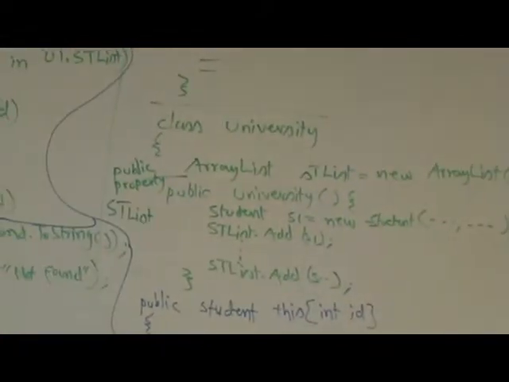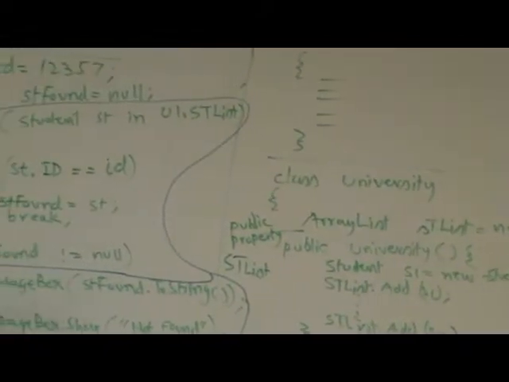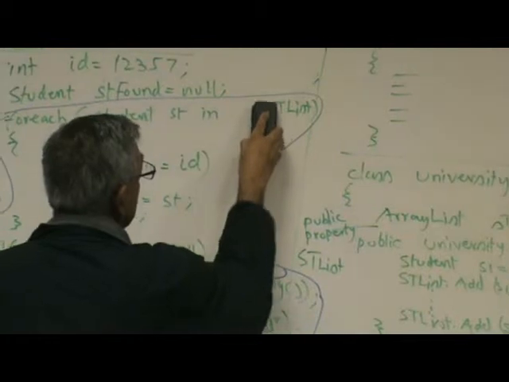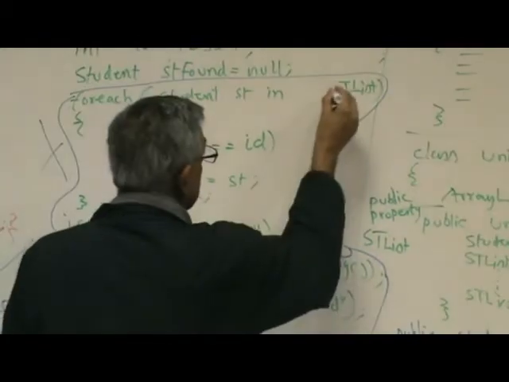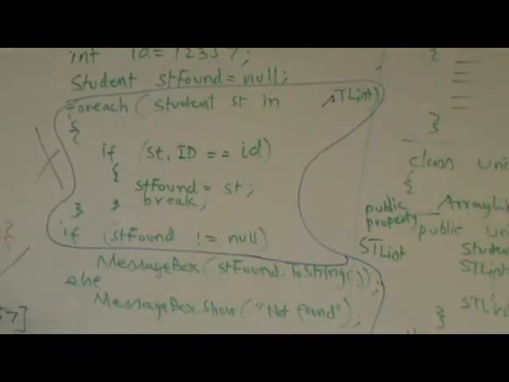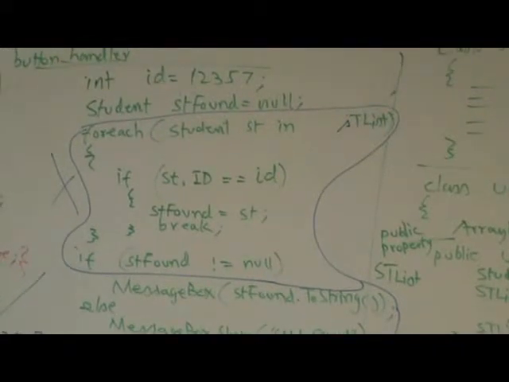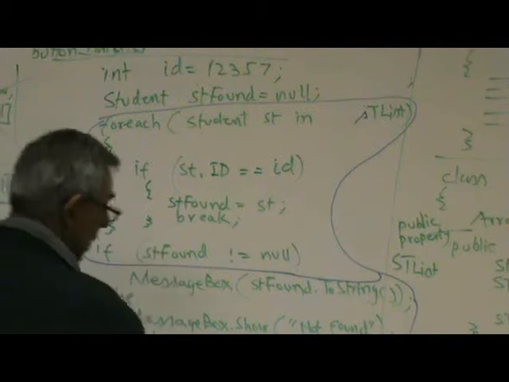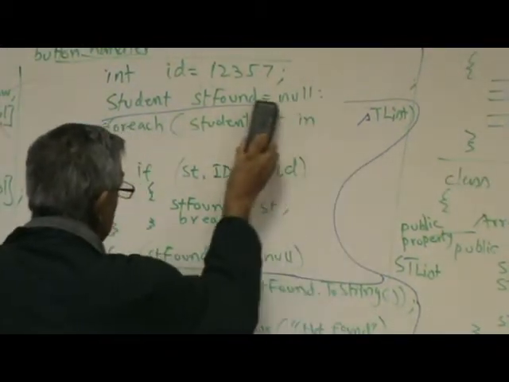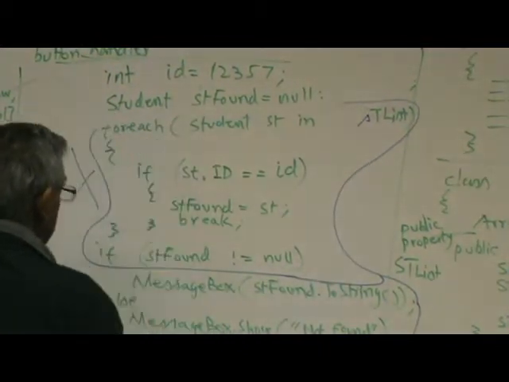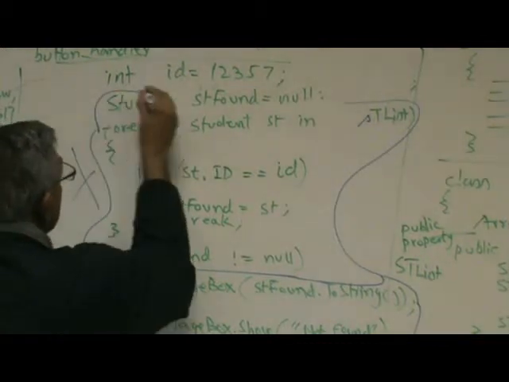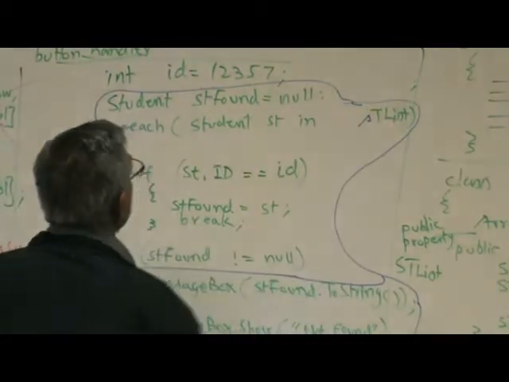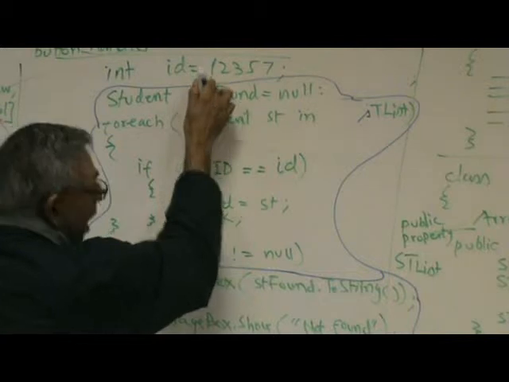Do we have to say u1.stList? No. So this will become lowercase stList, right? Everybody agrees? Yes. Okay, so let's actually add this line as well. Let's add this line also. Okay, and this is the parameter now for our indexer.